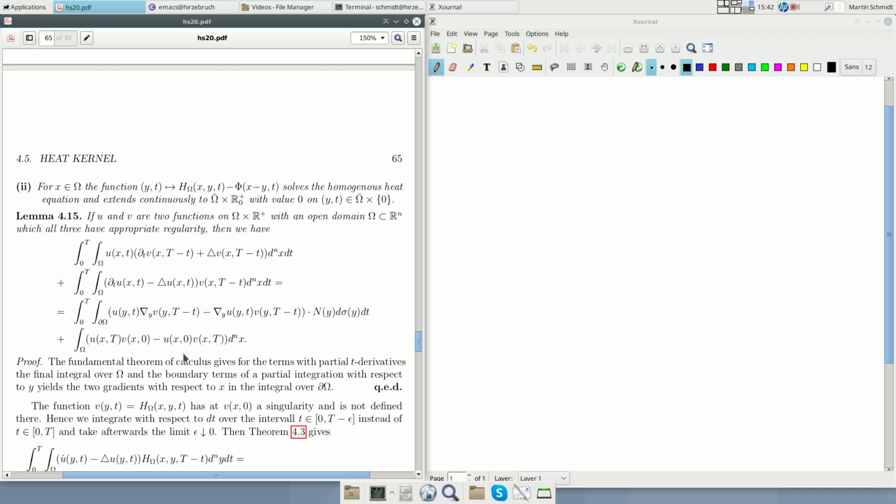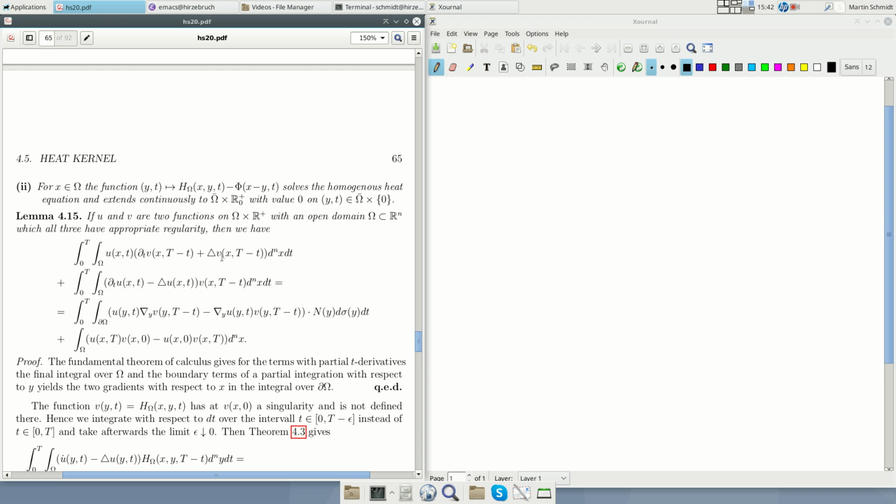Okay, so this gives this integral, and for these terms, this product and this product, we make a partial integration. So this is the divergence. We consider this as the divergence of the gradient of u times v minus u times the gradient of v.